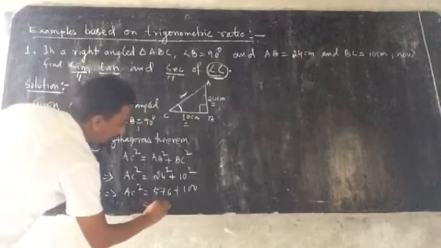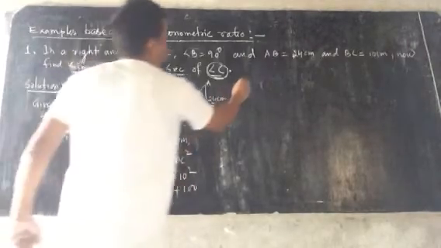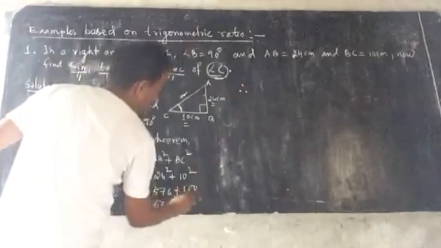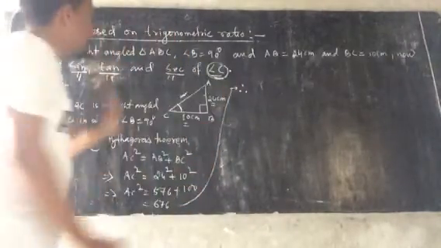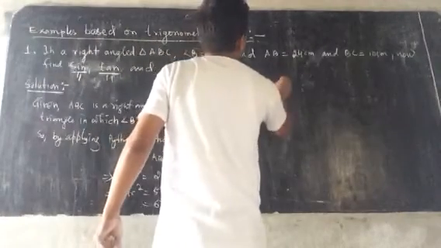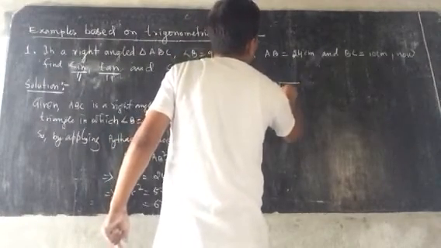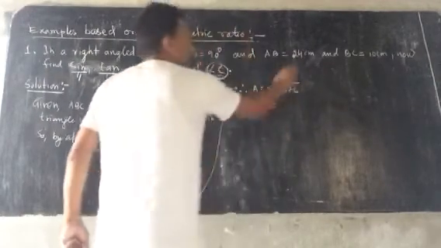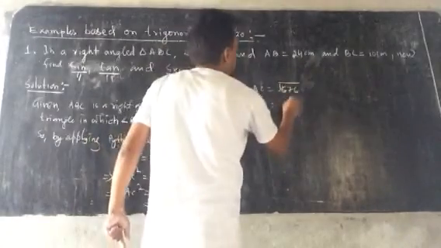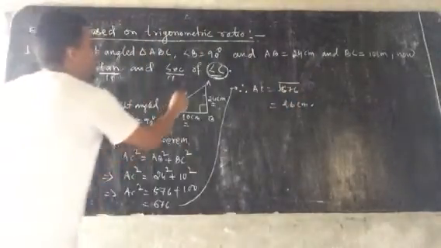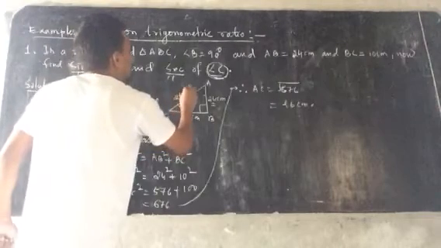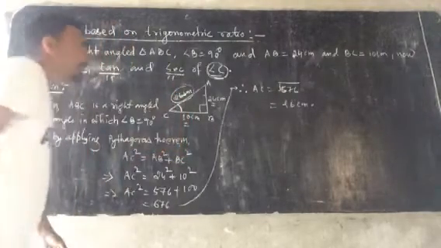Therefore AC square is 676. So AC equals square root of 676, which is 26 centimeter. In this way we have got the third side, 26 centimeter.